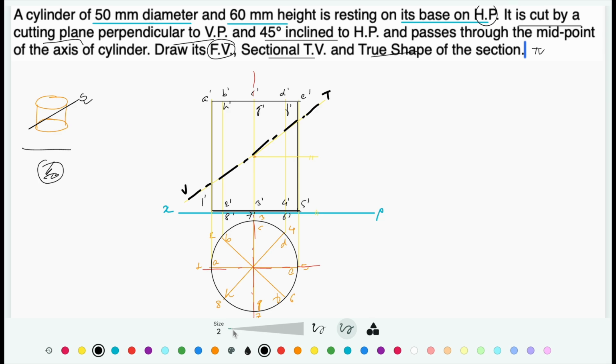Now once you draw a section plane, the observer will be located over here. The part of the solid that falls between the observer and the cutting plane, this upper part, is going to be discarded, so the remaining part is to be highlighted. So this is going to be a straight line.